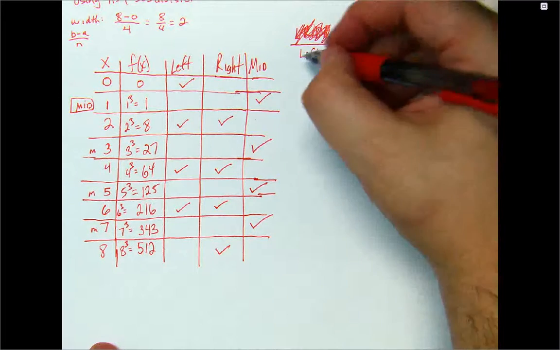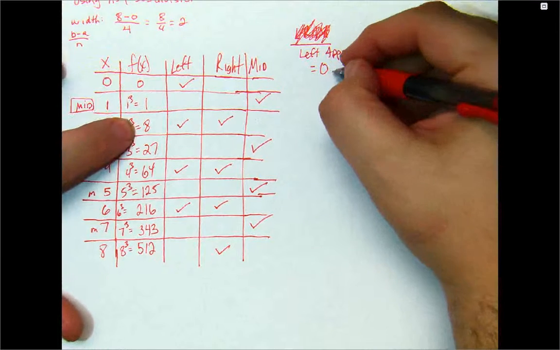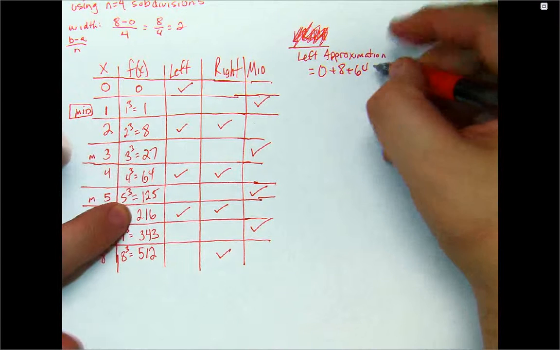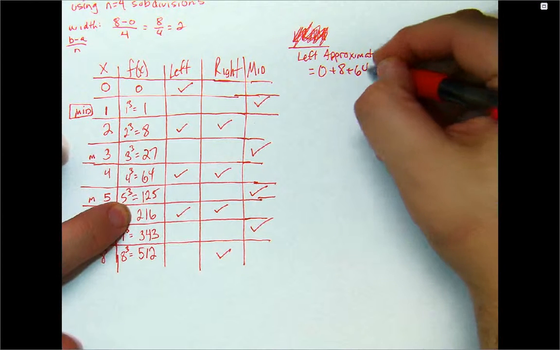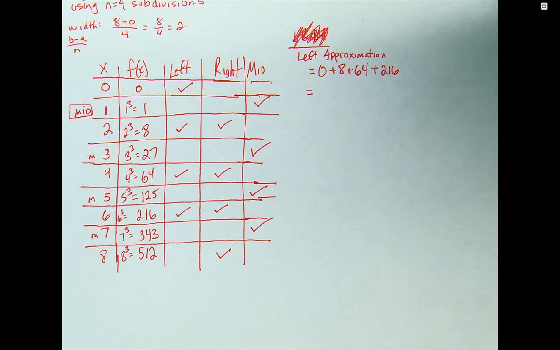I'm going to take the 0, the 8, the 64, and the 216. So add those together: 0 plus 8 plus 64 plus 216. That's 288.